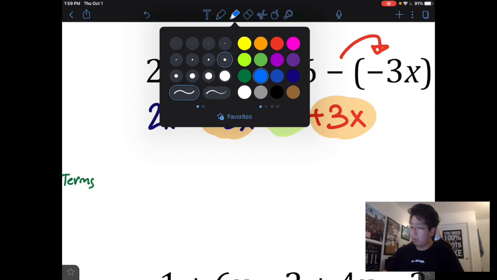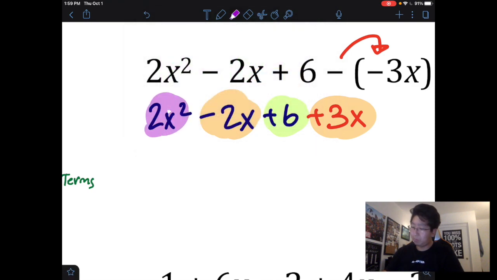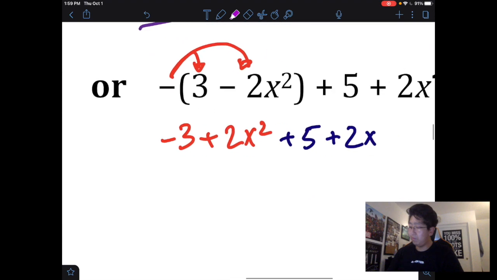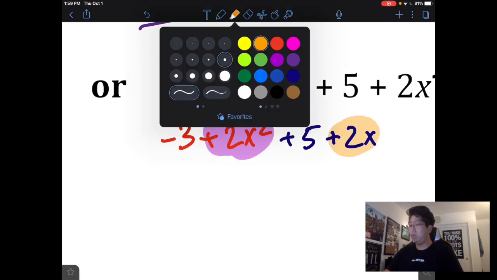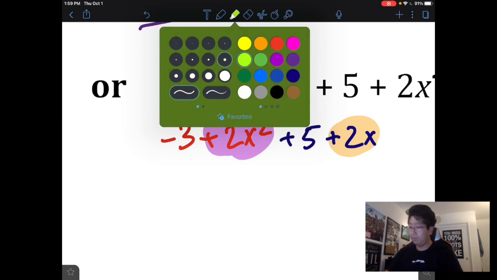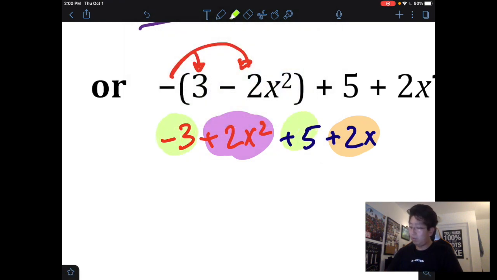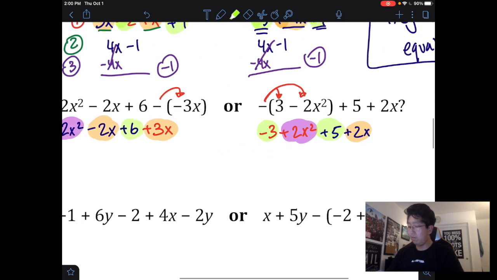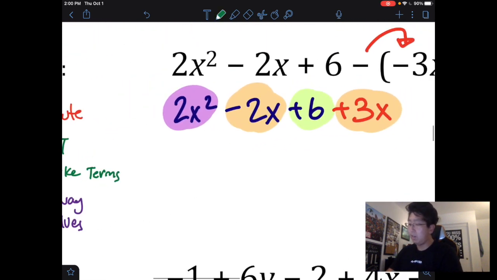Let's use purple. 2x squared. 2x squared. Plus 2x. And what color did I do? Green. Negative 3 plus 5.